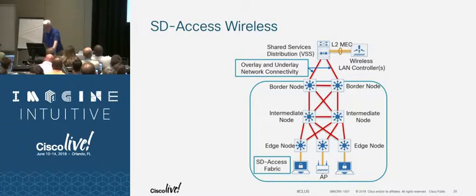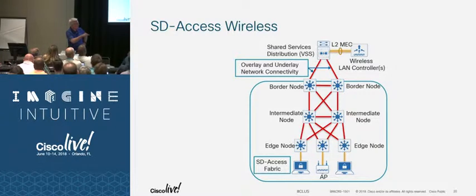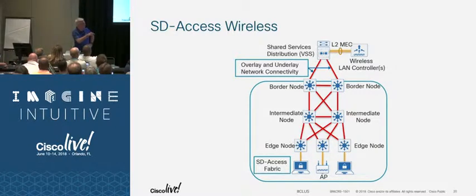So the question is, if I already have Meraki Wireless, how does this effectively integrate? You would treat that basically as an overlay to it. Meraki Wireless would just be ships in the night to that. So you don't actually integrate the Meraki Wireless into the edge nodes. It's just ships in the night, basically.